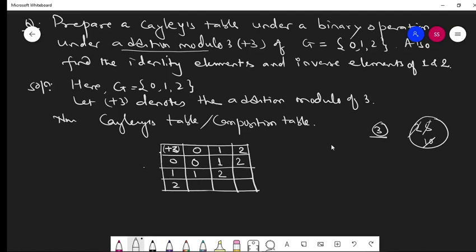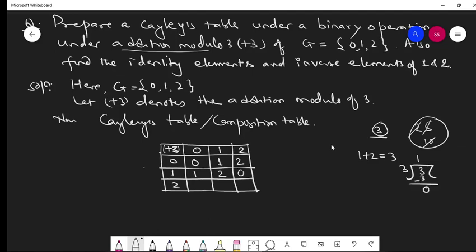Then what can we do? The sum of 1 and 2 is 3, then 3 is divided by 3, because it is addition modulo 3. Three ones are 3, the remainder is 0.